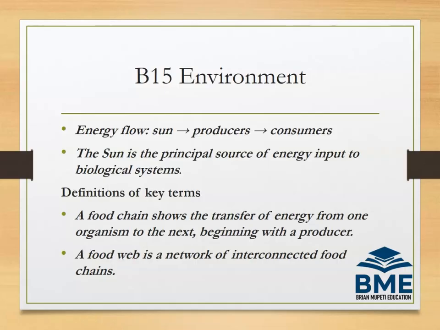A food web is much more accurate in representing the feeding relationships of organisms because it appreciates the fact that one organism does not simply feed on one other thing. If you take a look at us human beings, we've got a very rich diet. We feed on different types of things. So a food web is a better representation of that.